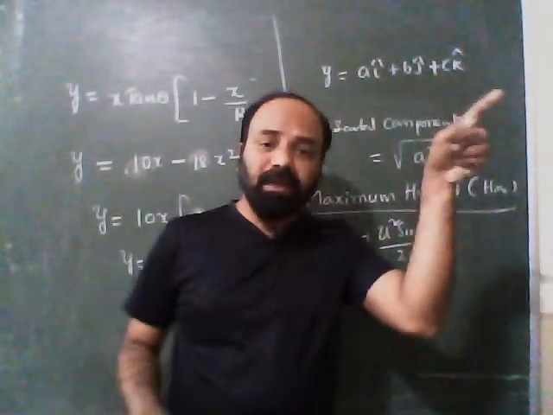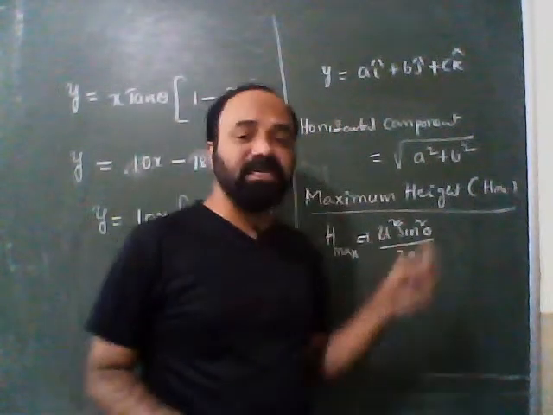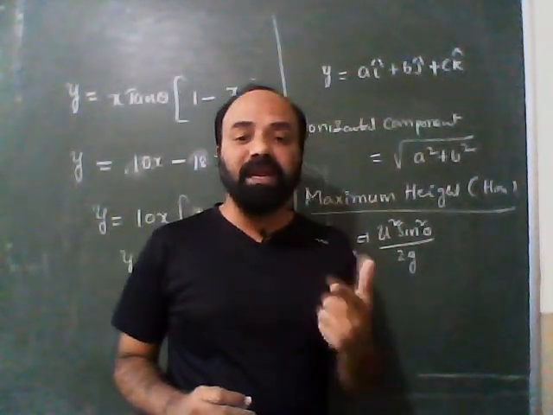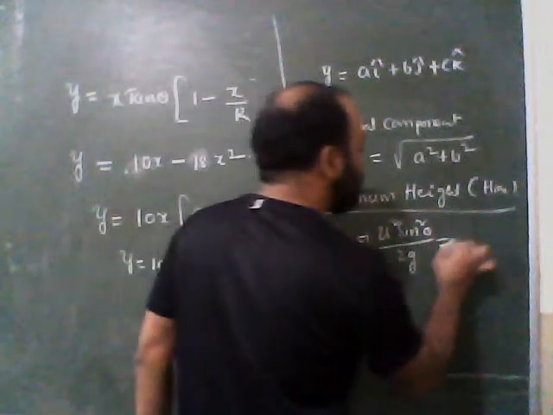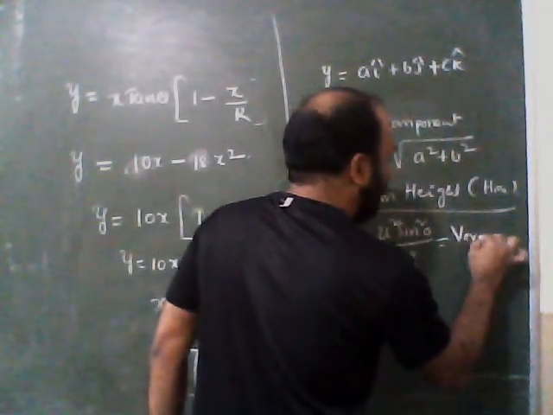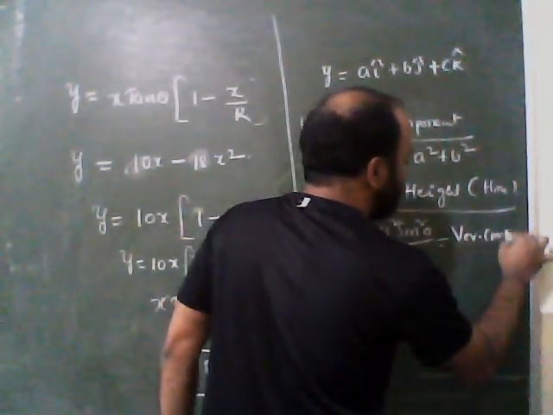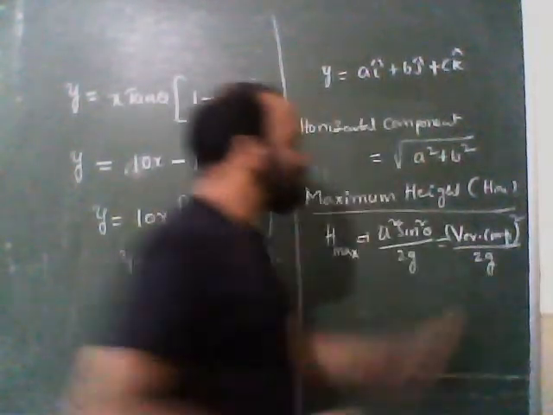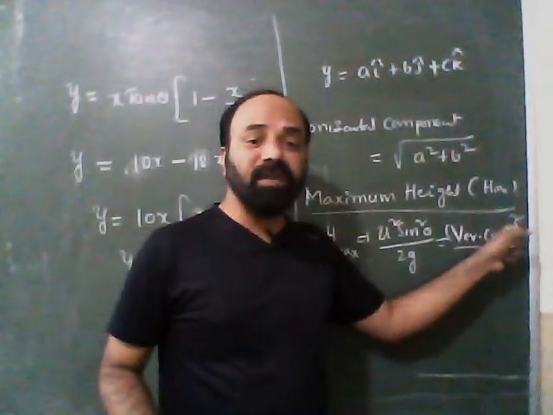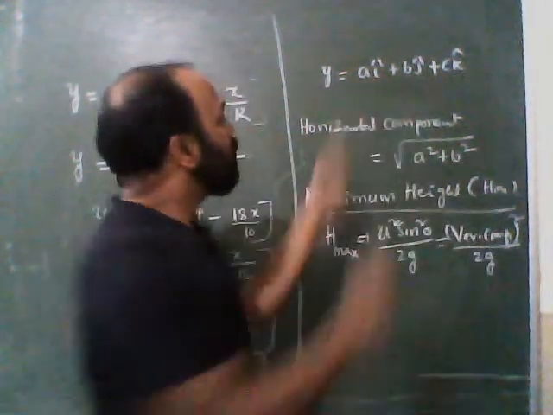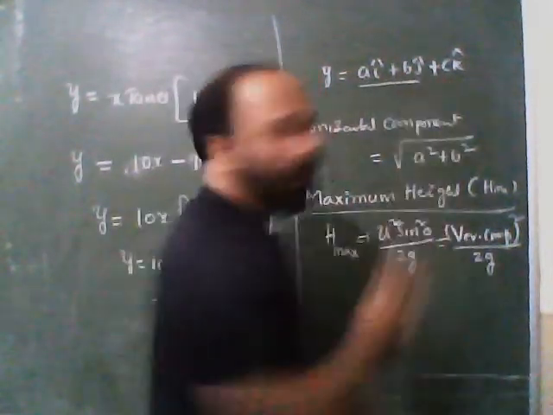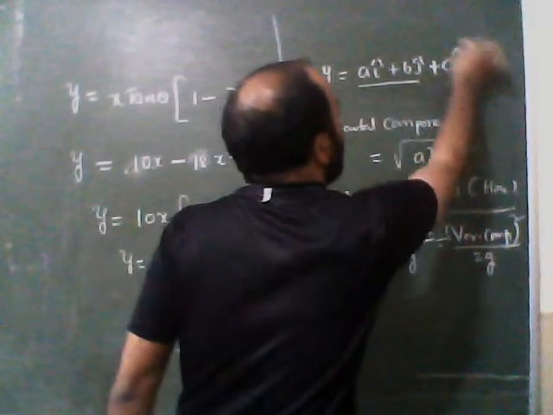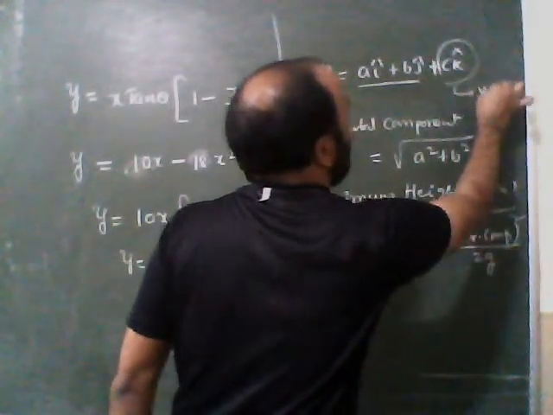In that case, u square sine square theta is nothing but the vertical component, meaning vertical component square by 2g. Here in this problem, ai and bj are horizontal, and this ck is the vertical component.